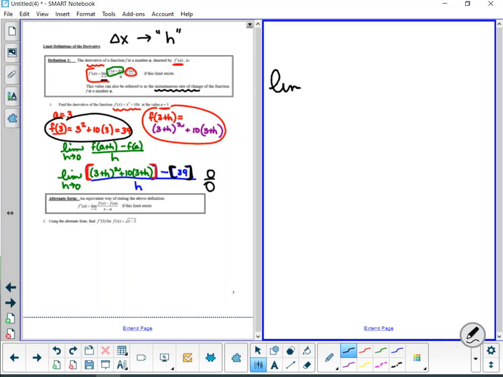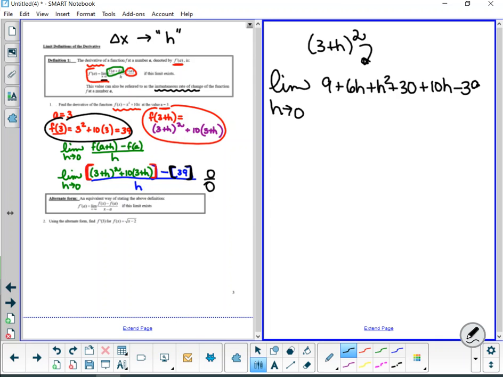So how about the limit as h approaches 0 of 9 plus 6h plus h squared, that's 3 plus h, quantity squared, plus 30 plus 10h minus 39 all divided by h.